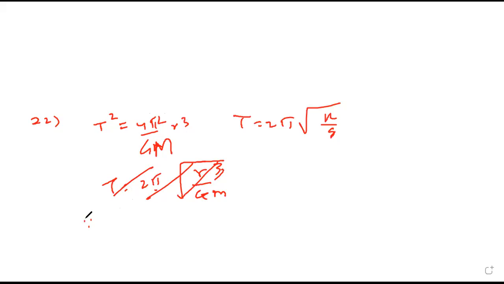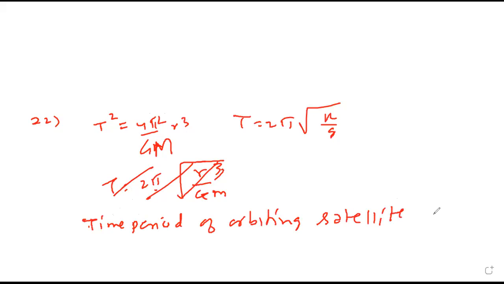So, can I say the time period of the orbiting satellite is independent of the mass of the satellite?